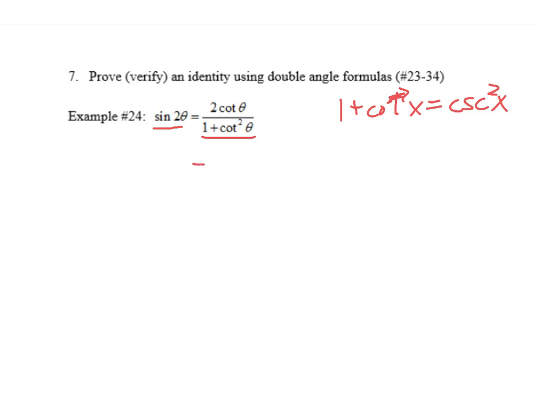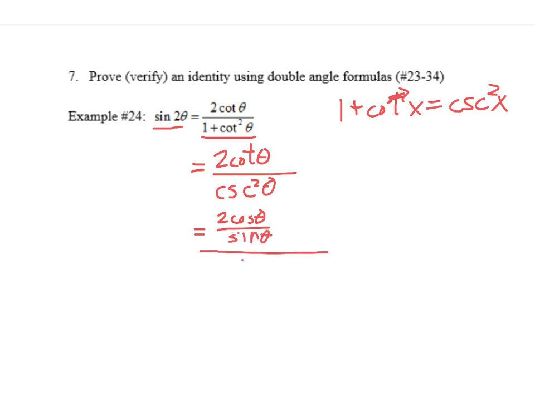So first step, we're going to make this 2 cotangent theta over cosecant theta. Now we're going to simplify a complex fraction. So we're going to have 2 cosine theta over sine theta in the top. In the bottom we'll have 1 over sine squared theta. And so now we're going to have 2 cosine theta.